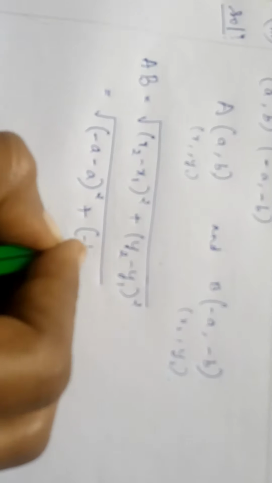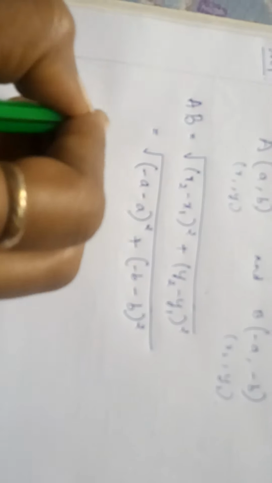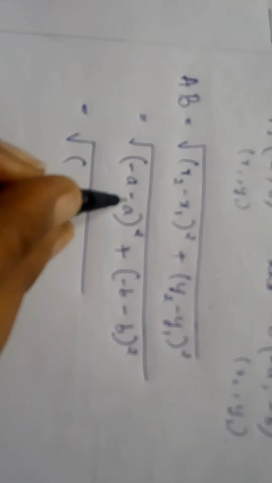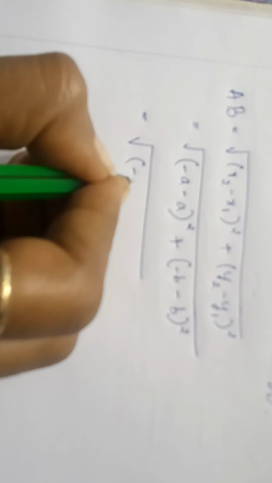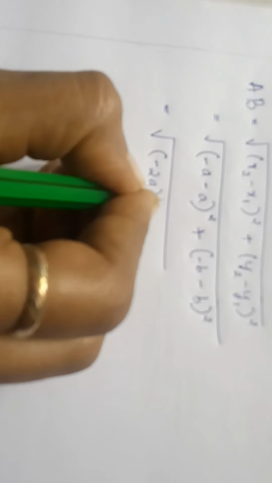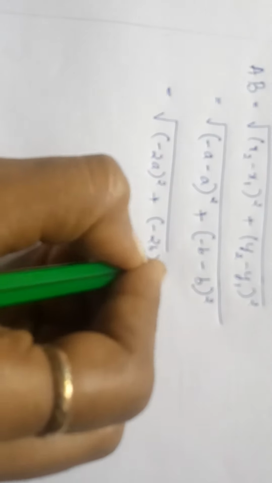x2 is minus a, minus x1 which is a, whole square, plus y2 which is minus b, minus y1 which is b, whole square. Square root of, I already explained that minus into minus is plus, so you have to add, that is (-2a) whole square plus (-2b) whole square.